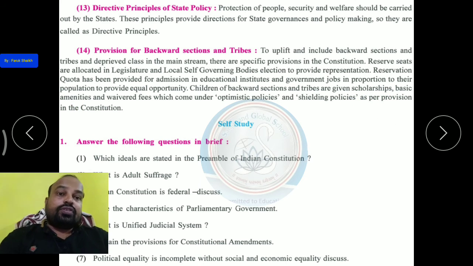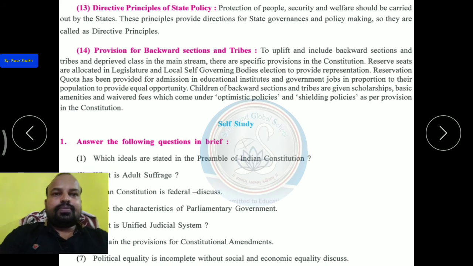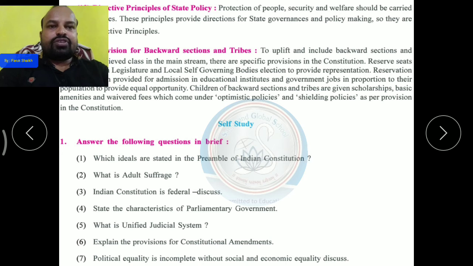And for the welfare of these backward and deprived class people, to take them into the mainstream, these types of provisions and reservations are provided in the constitution.